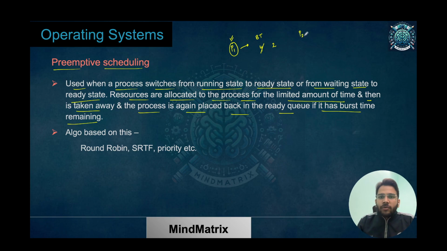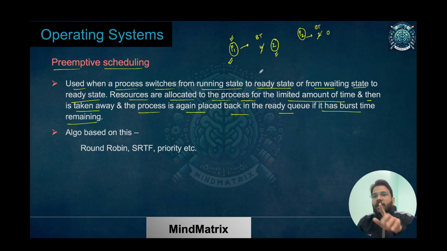Now we want to schedule P2 process, and P2 also has a burst time of, let's say, 2 units of time. So now P2 will execute. Let's say P2 executes completely, and now we are again going to allocate the CPU to the P1 process, and you can see the remaining burst time of P1 process is 2.